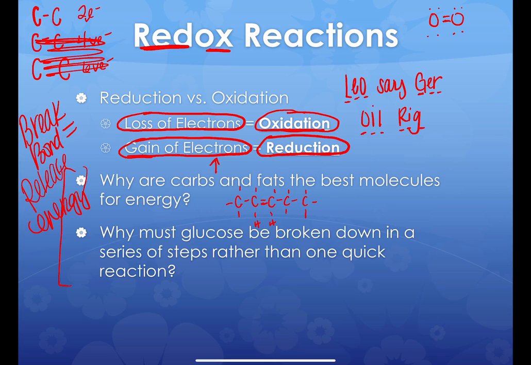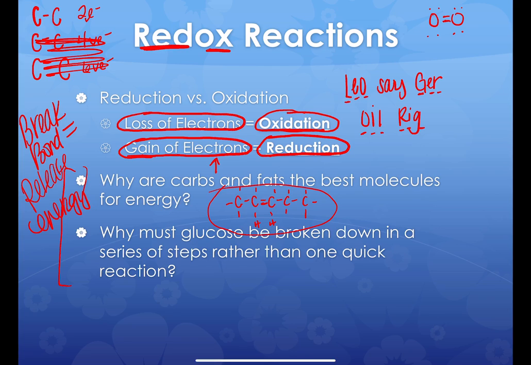Every time we break a bond, we release just a little bit of stored potential energy. So lipids have lots of those bonds that can be broken down. The same is true for carbohydrates and glucose. They have lots of bonds easily broken down to release energy.